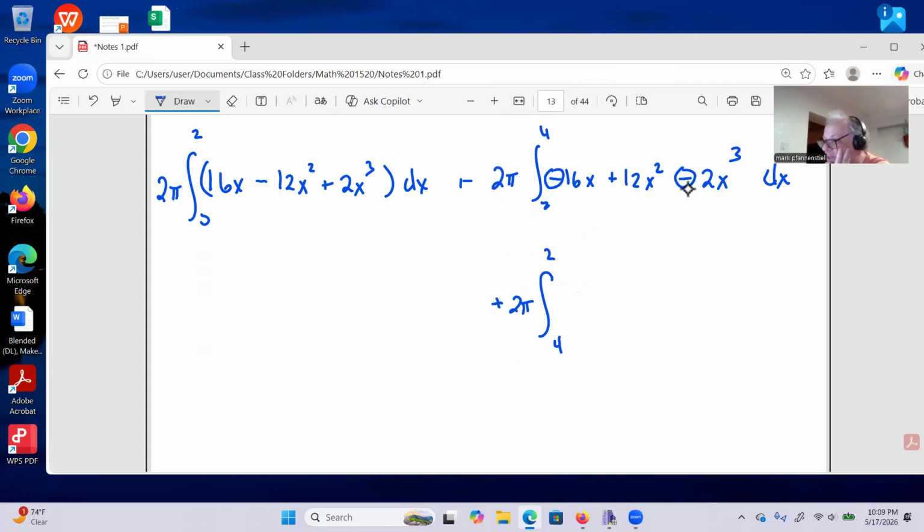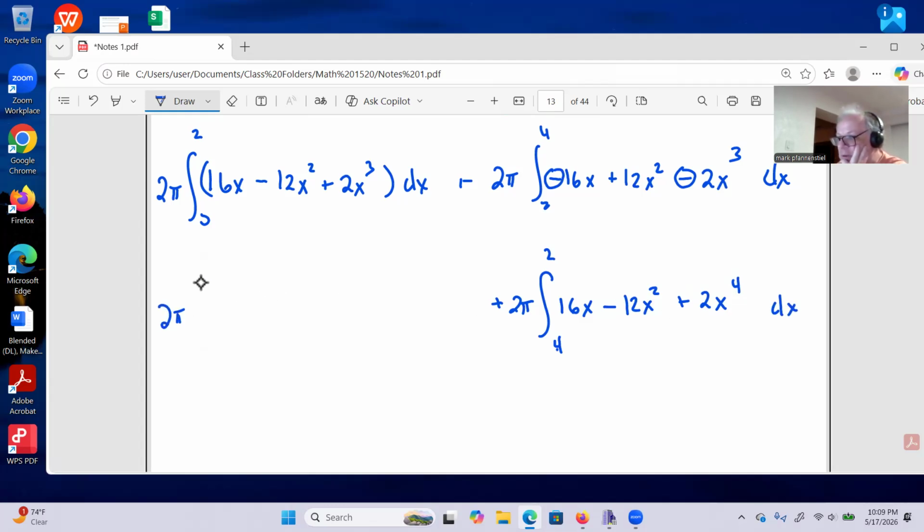So notice I took that minus sign out, and what I did with it was make these two pieces swap positions. That's a way to deal with the negative sign inside of an integral. This is going to change to a positive number. Now I take the negative out, so we have a minus 12x squared plus a 2x to the fourth dx.